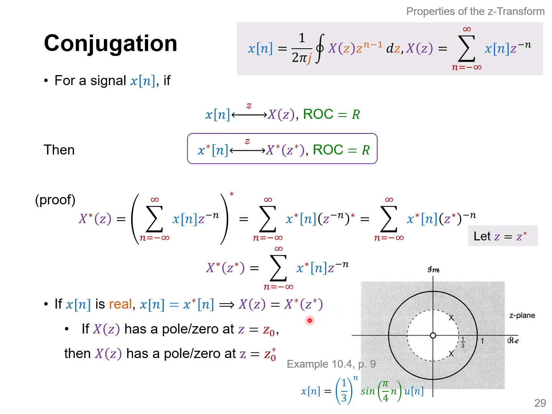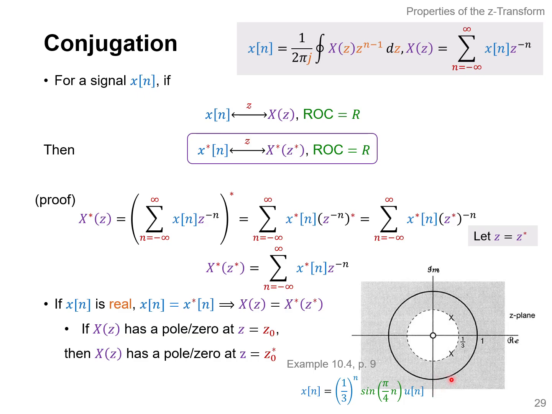Poles and zeros also follow this rule. If x of n has a pole or a zero at z equals z0, then it must also have one at z equals z0 star. We already saw an example earlier.